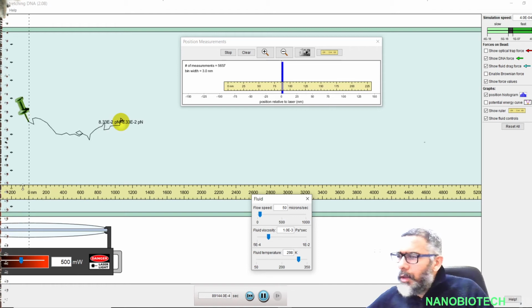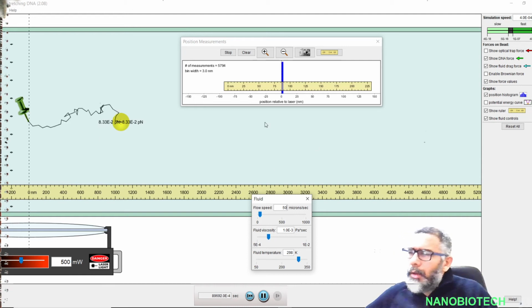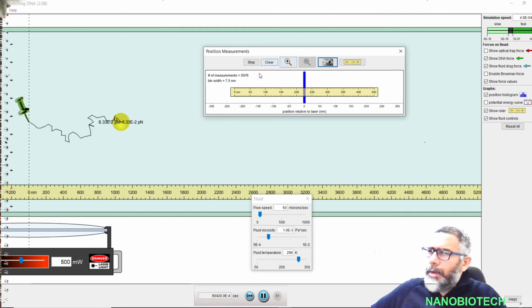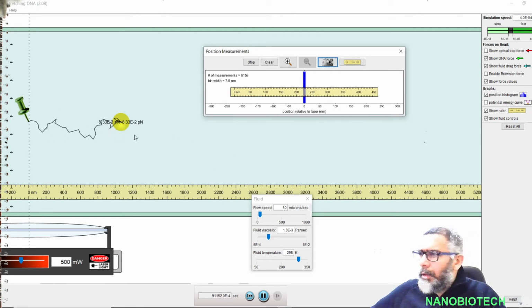Okay, you can measure its location by using this larger ruler, or maybe you can use this one, but this one is out of scope because you cannot use this position measurement window, because it can only measure distances up to 300 nanometers, starting from this dashed line.